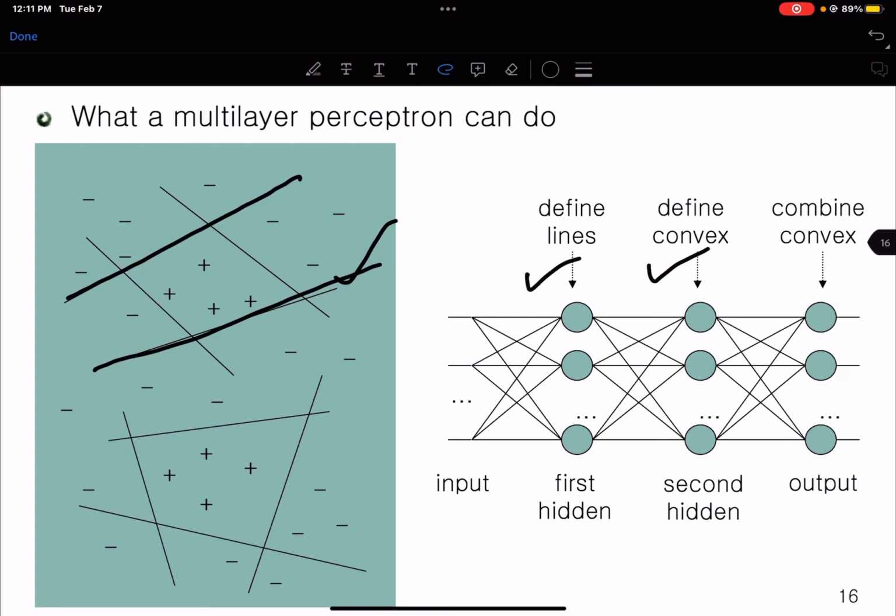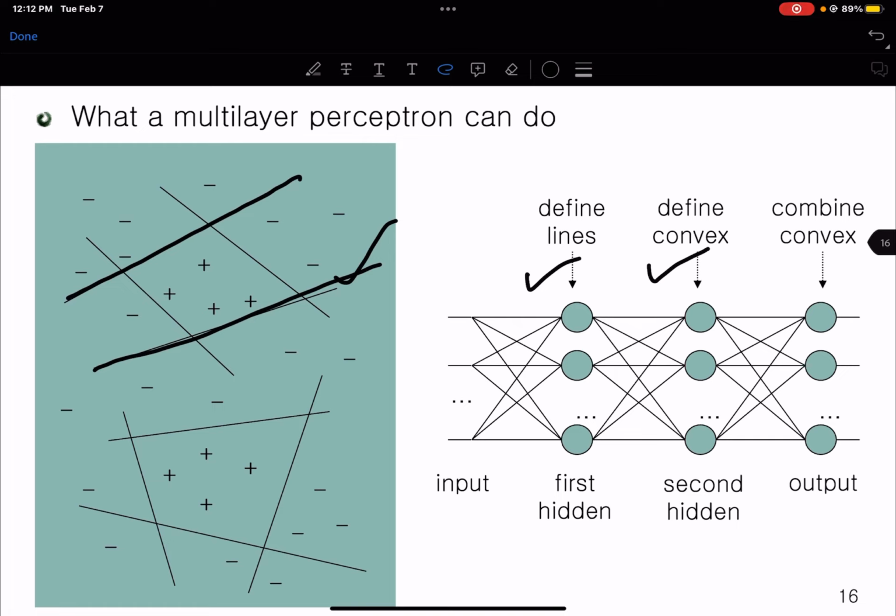we can see that the MLP can be used to learn the arbitrary areas, while a 2-layer MLP can learn the convex region. So what is the convex region?